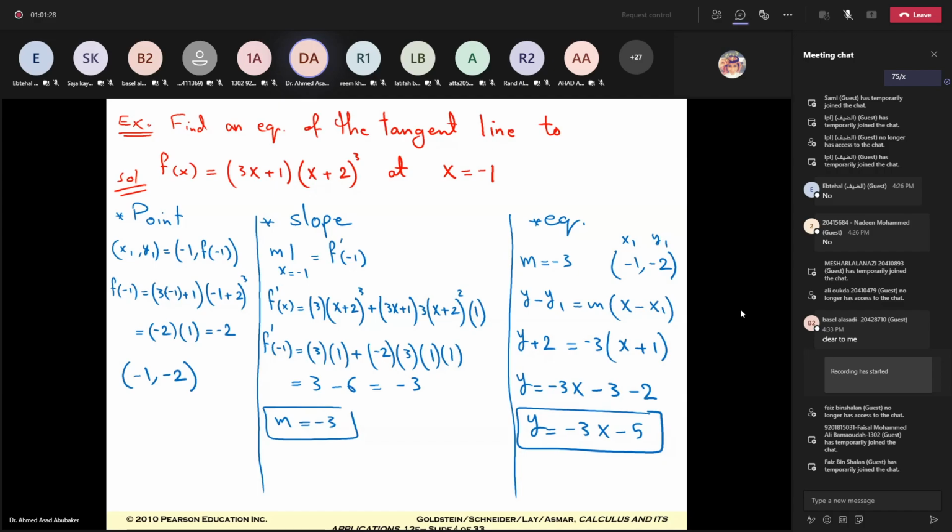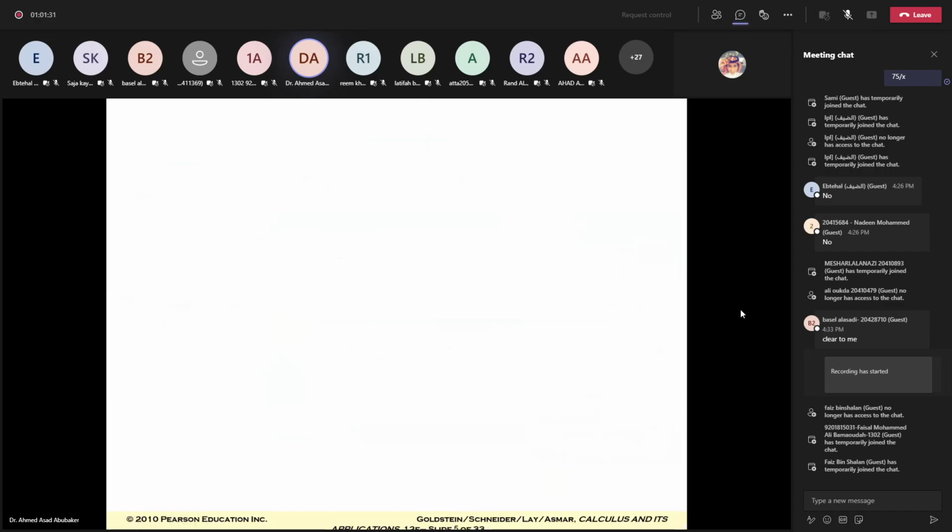This is the product rule. The second rule, the quotient rule.